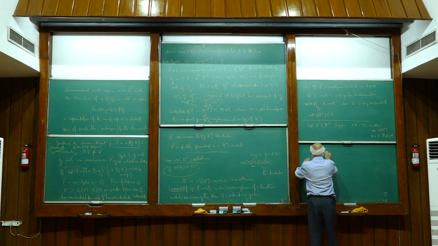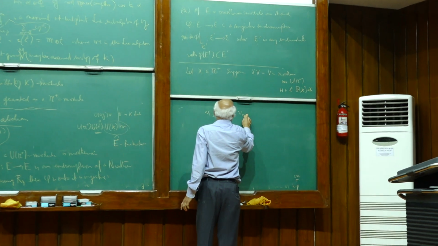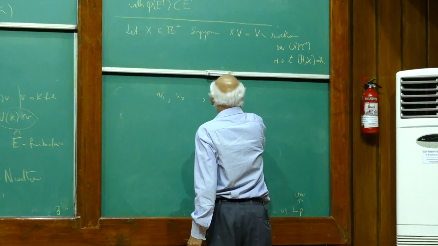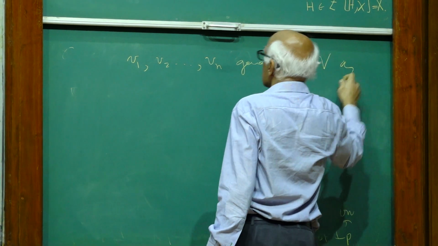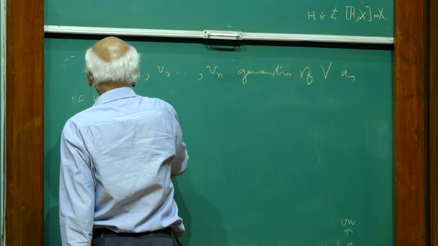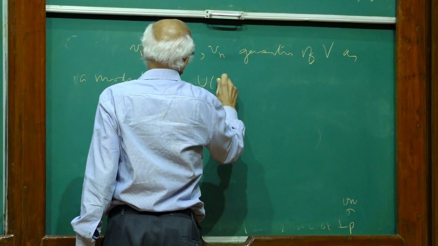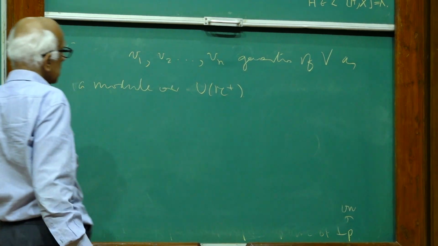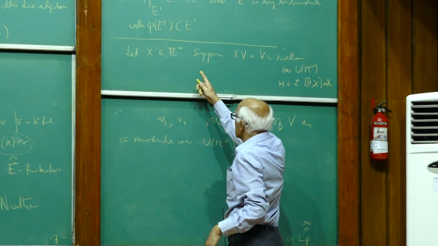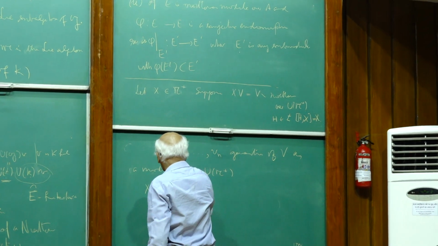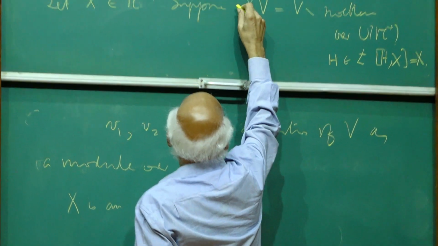So let's pick generators V1, V2, ..., Vn, generators of V as a module over U(n+). Now, notice in this case, maybe I should call it pi x.